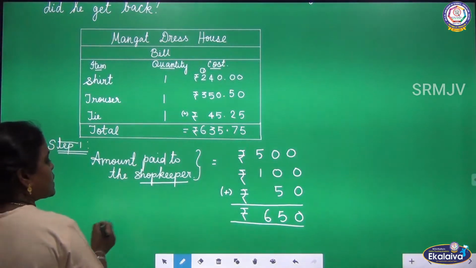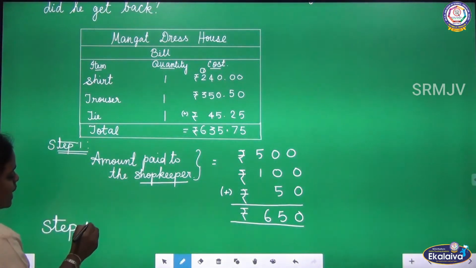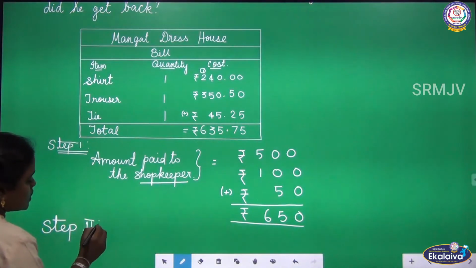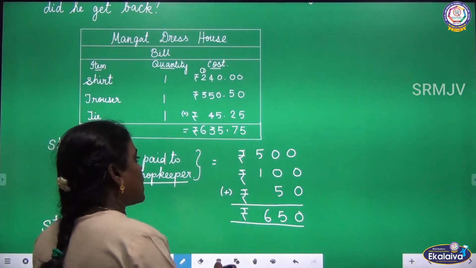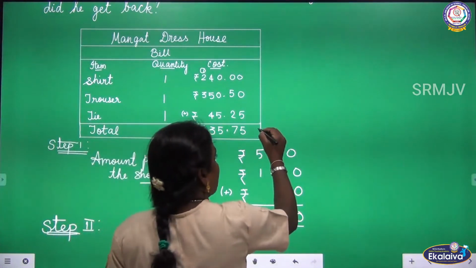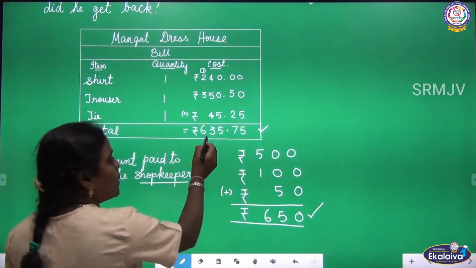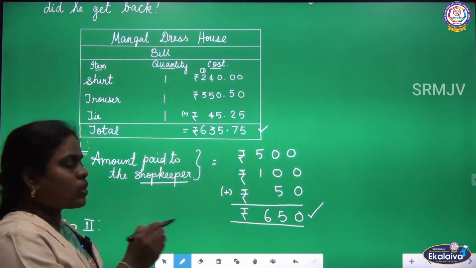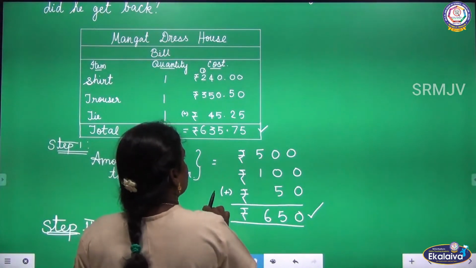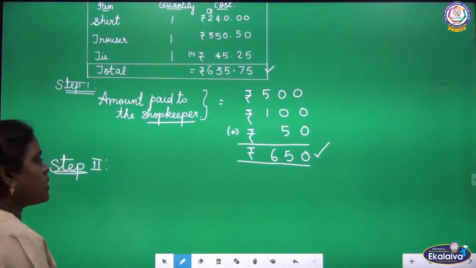Now, in the next step, we are going to find out the balance amount which he can get back from the shopkeeper. So, to find out the balance amount, we are going to subtract the bill amount from the total amount which he paid to the shopkeeper. So, listen. Let us write the statement.